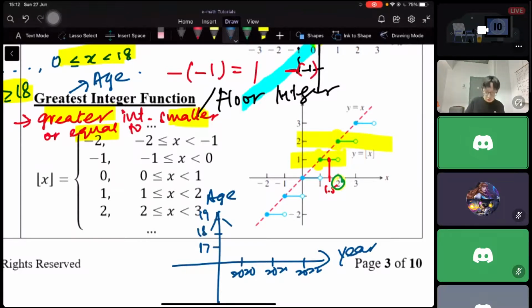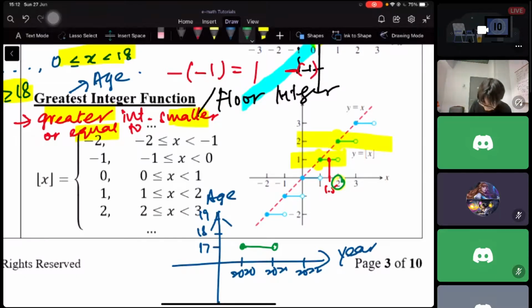Okay? So from 2020, the moment you celebrate your birthday or the moment you celebrate New Year, whatever you want to define it, you are 17 years old. Right? Until December 31st.